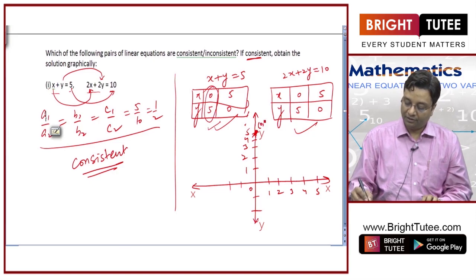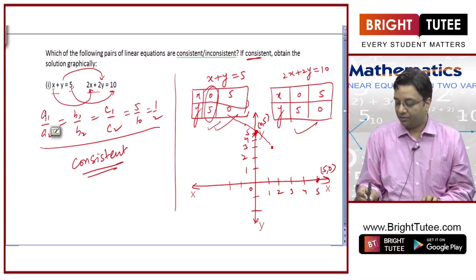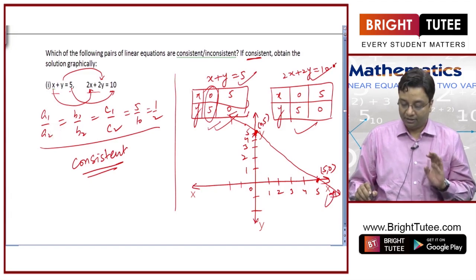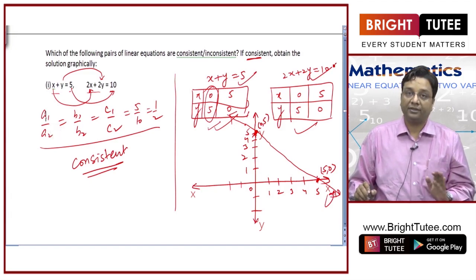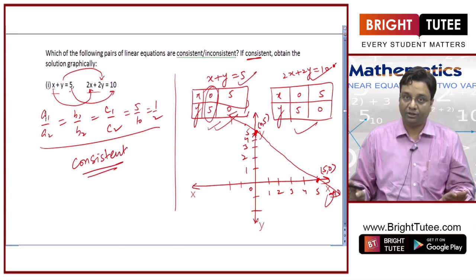Another point that I have got is 5 0, so this one. So the line that I am looking for will pass through these 2 points. Okay. And this line is for both these equations. Hence, this is a consistent pair of straight lines and will give us infinite number of solutions.